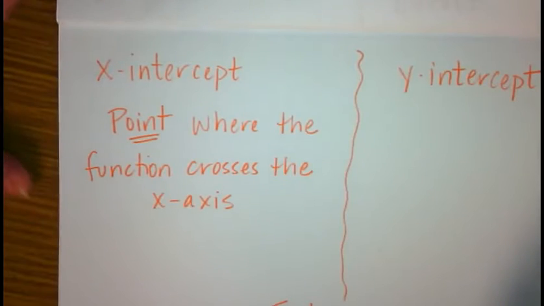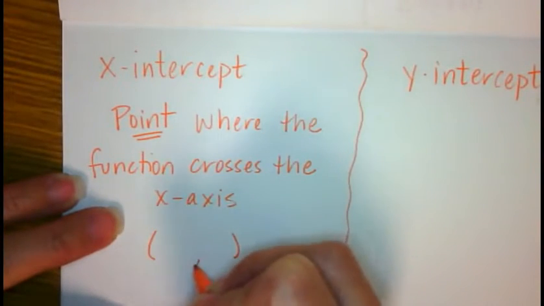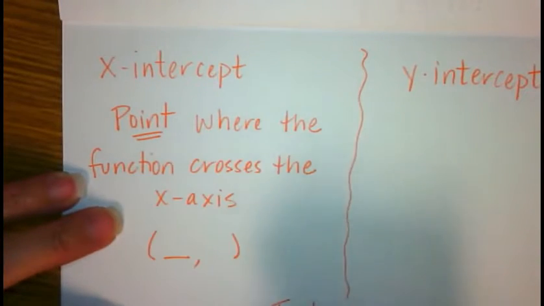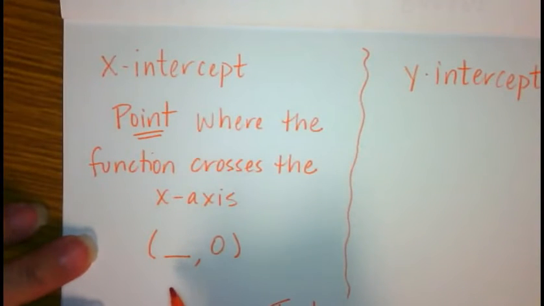So if we're looking at a graph, we're going to follow the function, and we're going to find the point where the function crosses the x-axis, and that point is the x-intercept. So when we go on a graph, the x-axis is where y is always going to be 0. So the point for the x-intercept is always going to be (something, 0).